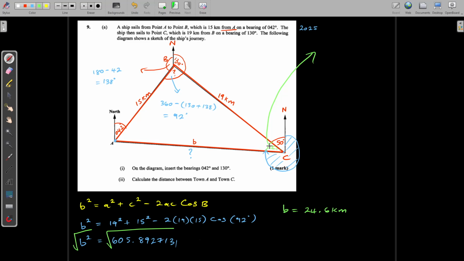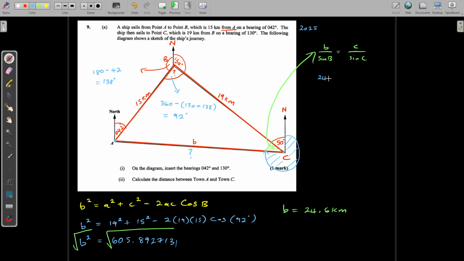Alright, so we can use the sine rule. So what are we using? We're using C and B. So b over sine B is equal to c over sine C. We know what b is, we just calculated it.